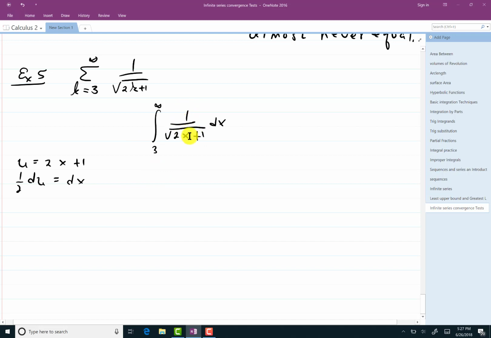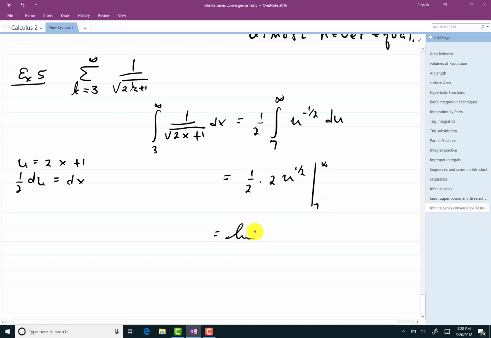This will be u to the negative 1/2, and the dx is 1/2 du, so I'll have 1/2. I'm going to change my limits of integration. When I plug 3 in for x, I'll start at 7, and at infinity, twice infinity plus 1 is still infinity, and this will be u to the negative 1/2 du. That equals 1/2 times 2 u to the 1/2, going from 7 to infinity.